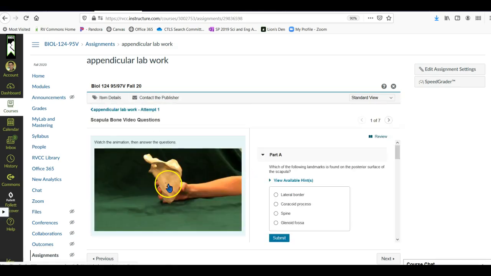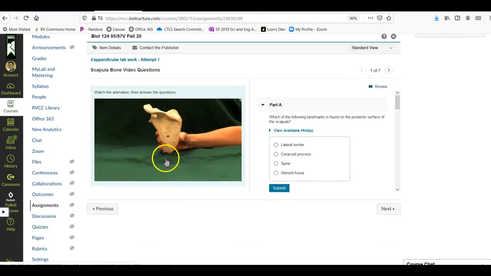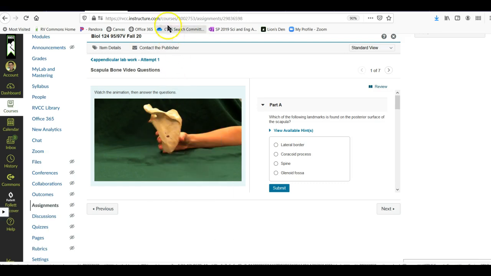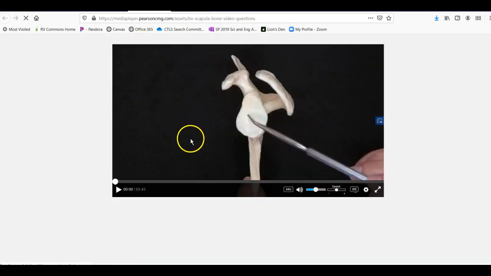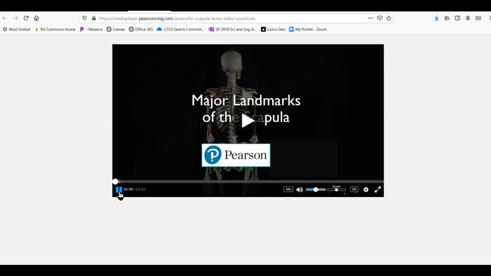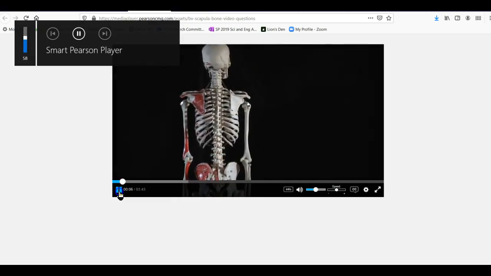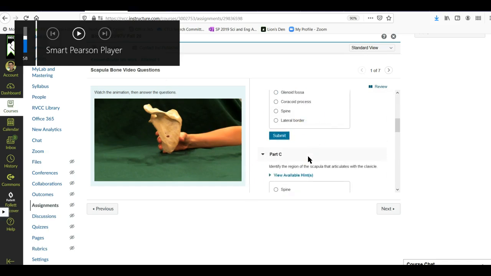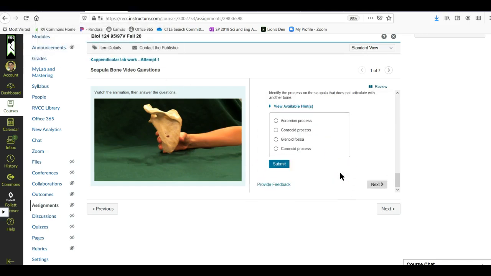There we go. Then what you're going to want to do, this is important, when it comes time to watch the animation, open it in a new tab. It just makes your life easier. Then they are going to explain the scapula to you, and after listening to the explanation, you will come and answer these questions.